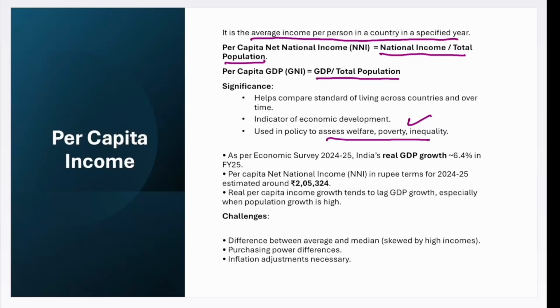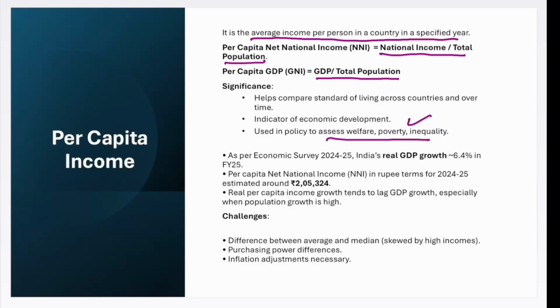To reduce inequality in the country, we need to have policy measures accordingly. Only when we know the average value that an individual is earning will we be able to know how far people are from that value, how broad the spectrum is, and how far apart the two ends of the spectrum are. So these are very important factors.